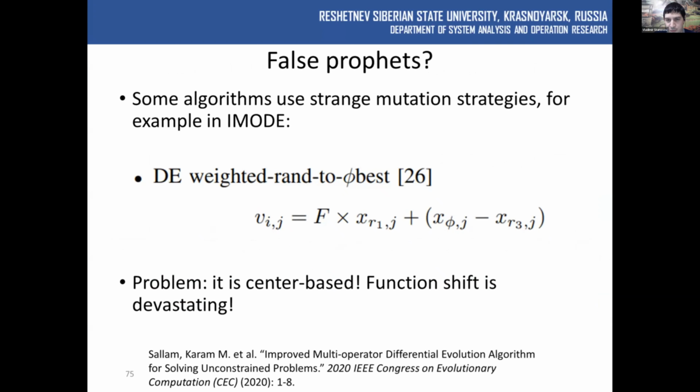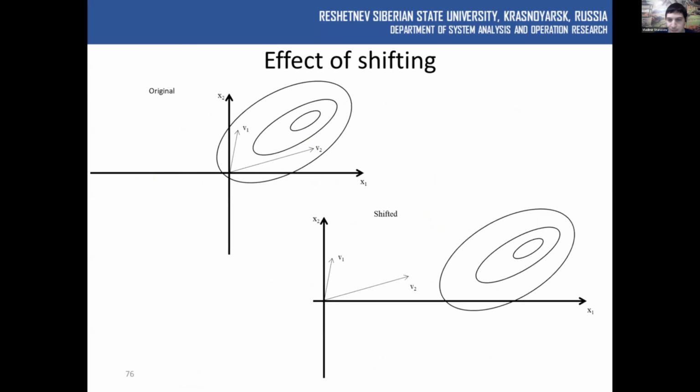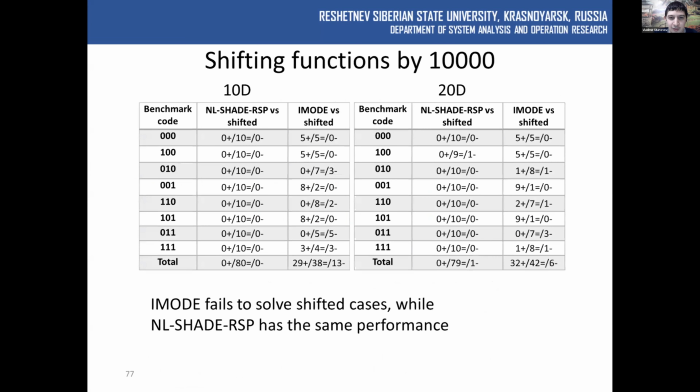And it looked very strange to me. Why? Well, because it is center-based. So it generates vectors from the center of the search space. And if we shift the function, so shifting is this one. This is a very simple picture, I know, but if we just shift the function, we still generate vectors from the origin of the search space.